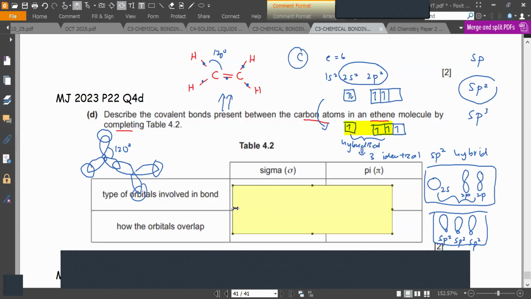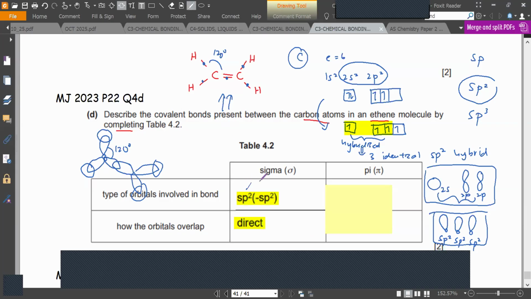So our answer is like this: sp2 reacts with sp2 and it's a direct overlap. Just now we took one s and two p and hybridized, and we still have one that is unhybridized.